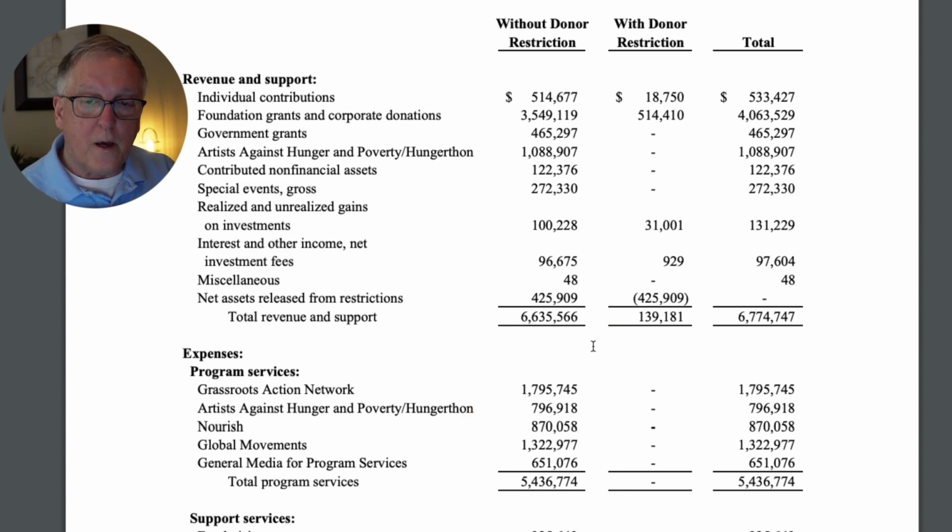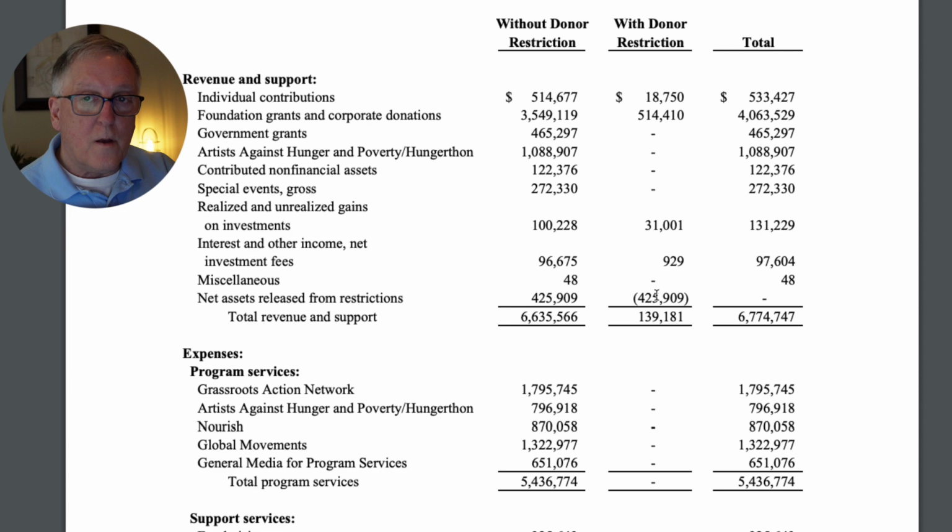Well, all expenses in a not-for-profit show up in the without donor restriction column. And notice as these restrictions are met, we're moving the money from this column over to this column. So we've got the 425,909. We're reducing this classification by that amount because this money was spent and shows up in these numbers.